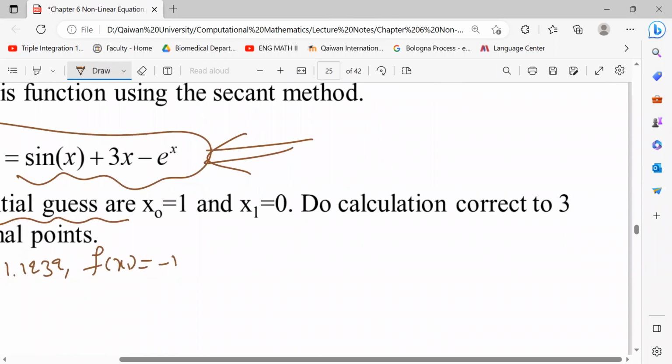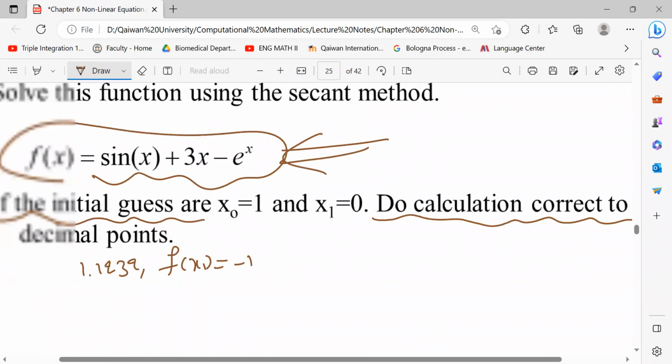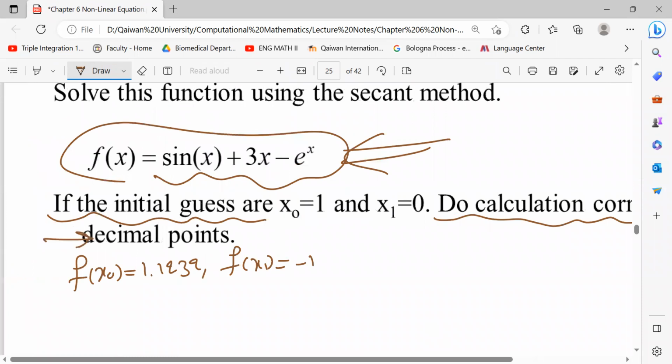As you see, it says do the calculation correct to 3 decimal points. That means what's epsilon here? As it says 3 decimal points, we have 0.000 then 5, so epsilon is 0.0005.